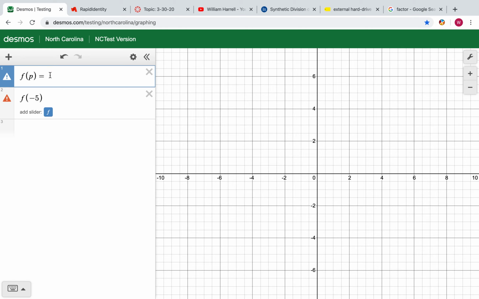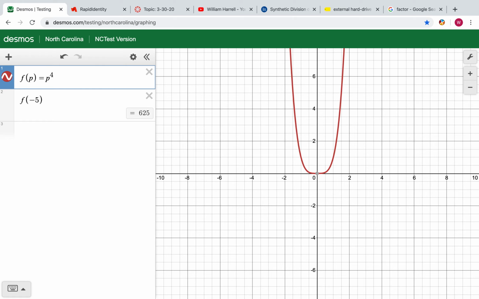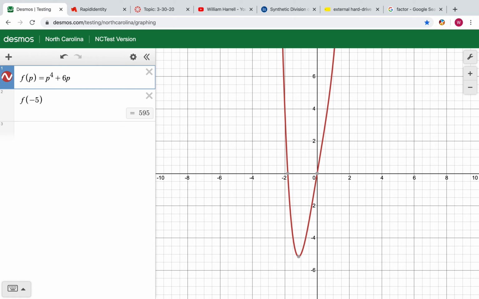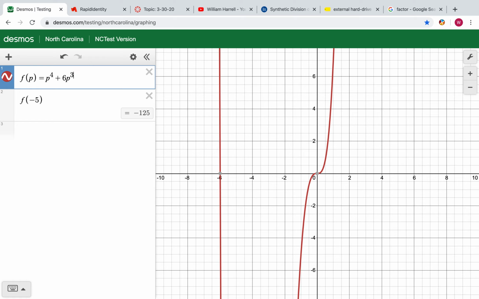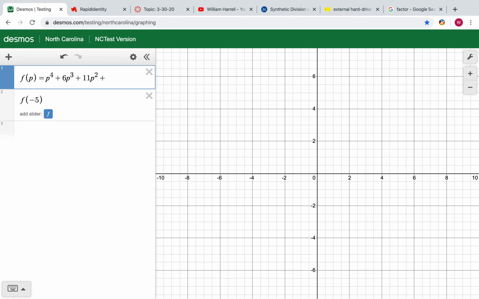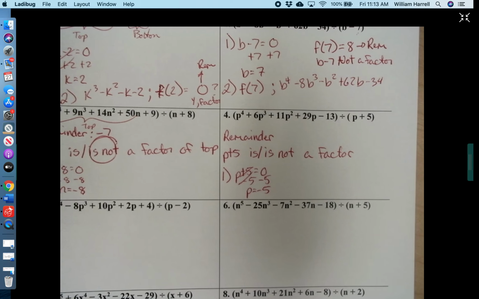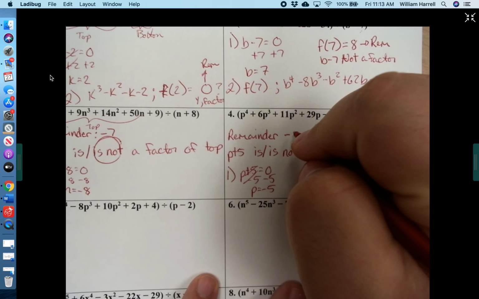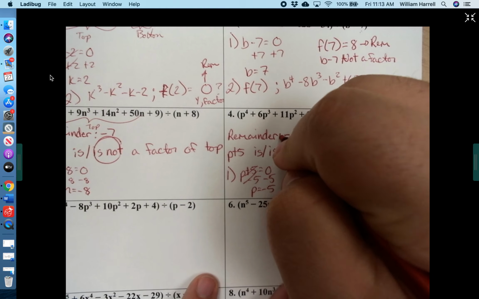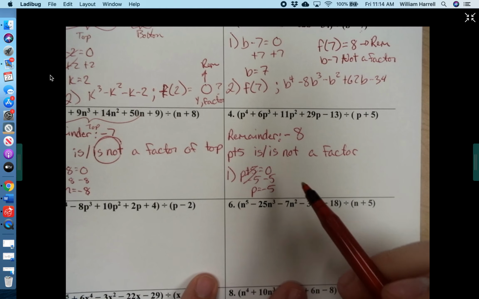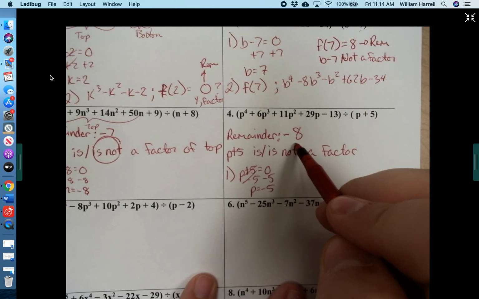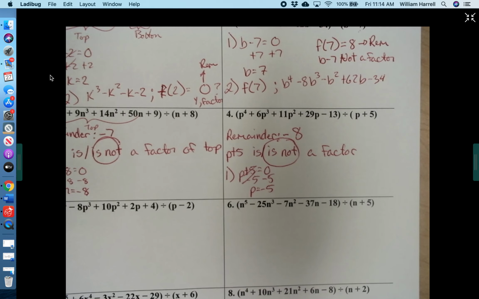Don't be like your teacher and try and go too fast. Plus 6p cubed plus 11p squared plus 29p minus 13. That tells me my remainder is negative 8. Because my remainder is negative 8, p plus 5 is not a factor.